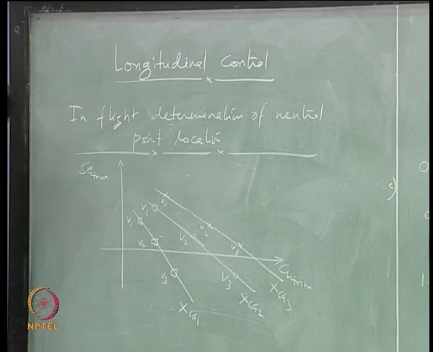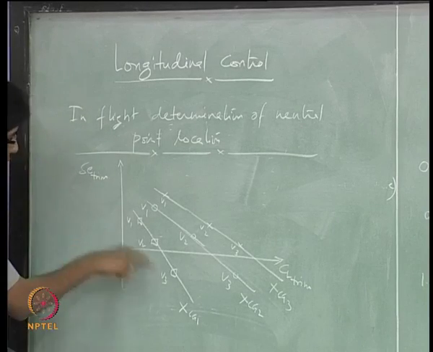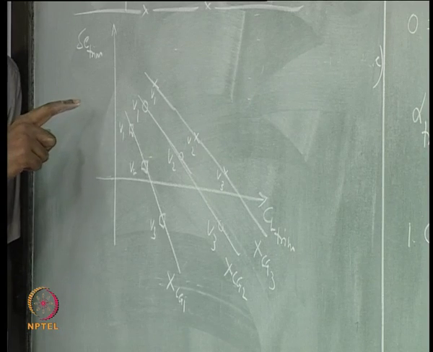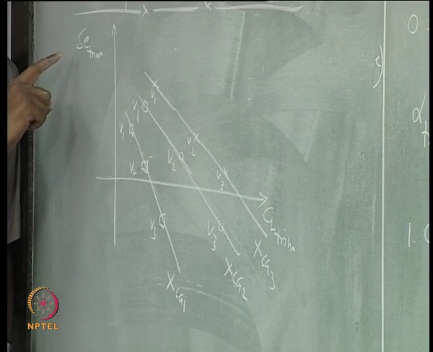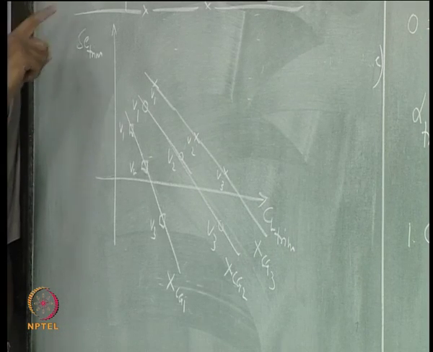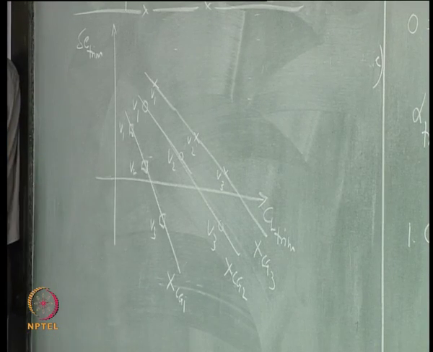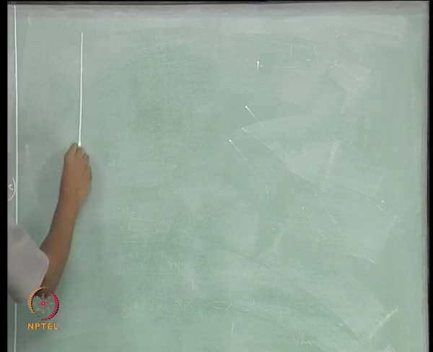Okay. Now, I can find out the slope of each of these curves, is not it. I can find out d delta E trim over d CL trim from these curves. So, now I am plotting this.